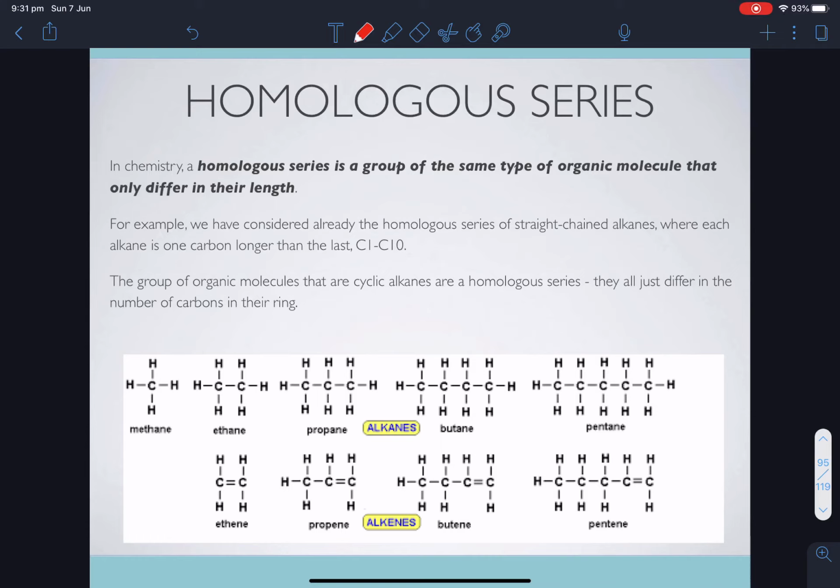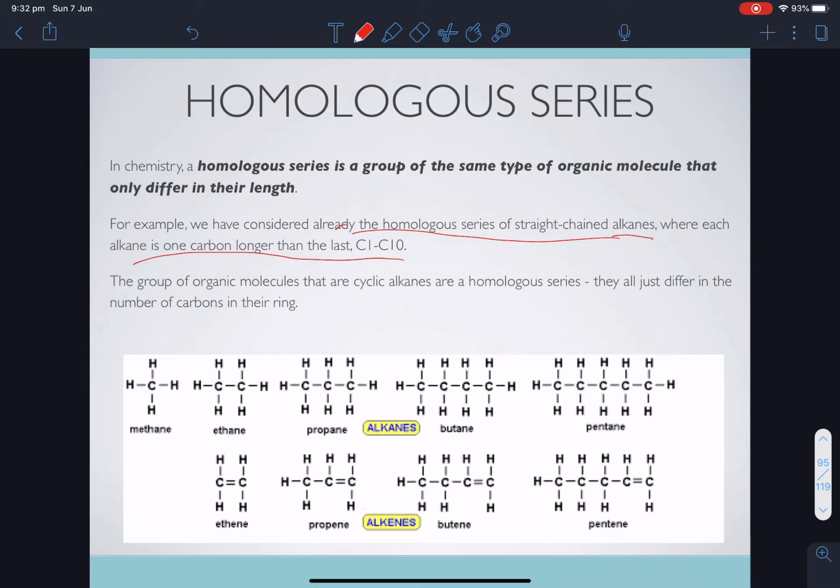For example, we've already considered the homologous series of straight chain alkanes, where each alkane is one carbon longer than the last. So when we talk about methane, ethane, propane, butane, pentane, and the differences in those, we're talking about a homologous series because they're all straight-chained alkanes. We'll also talk about a lot more next chapter.